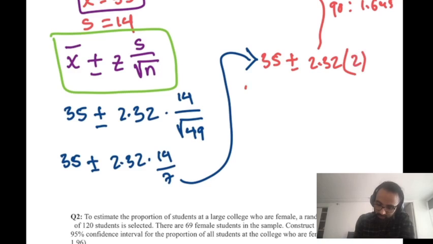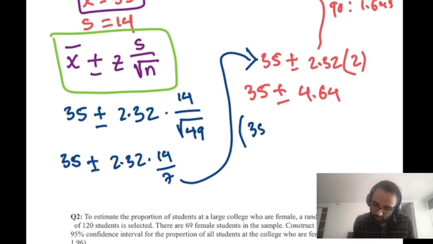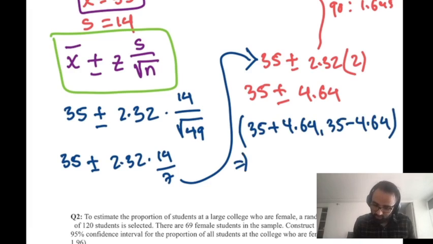So we have 35 plus or minus 4.64. With that we have the interval. But if you wanted to write out what that looks like, we can just subtract and add these two numbers. So we have the confidence interval of 35 plus 4.64 and 35 minus 4.64.